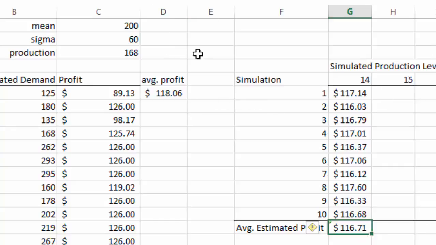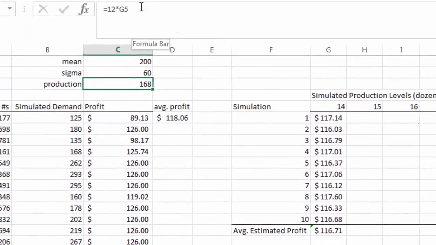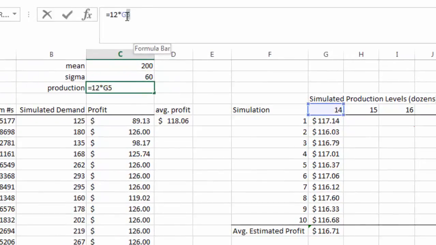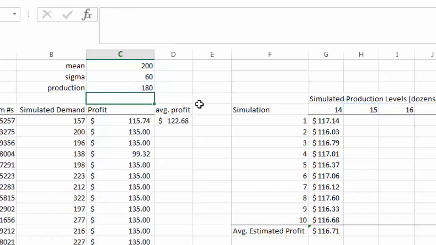Okay, same thing now at 15 dozen, and I'm just going to put production now equals 12 times H5. So there's 15 dozen, 180. And I'm going to type in my average results from here. 122.68.